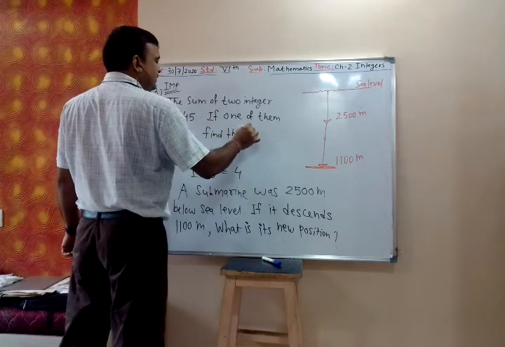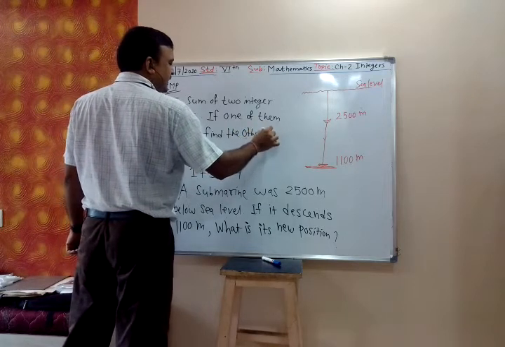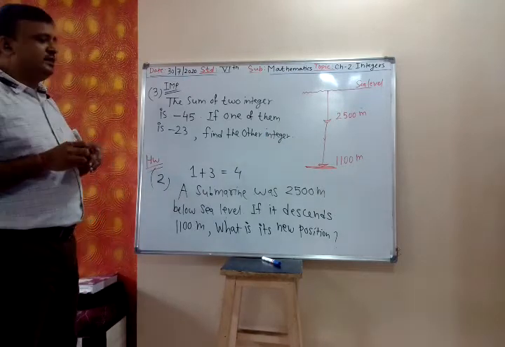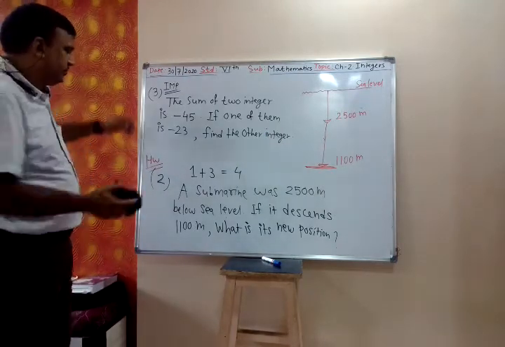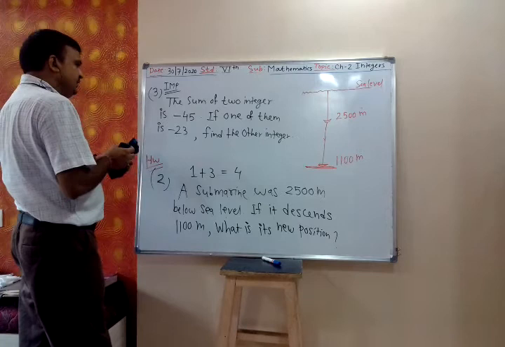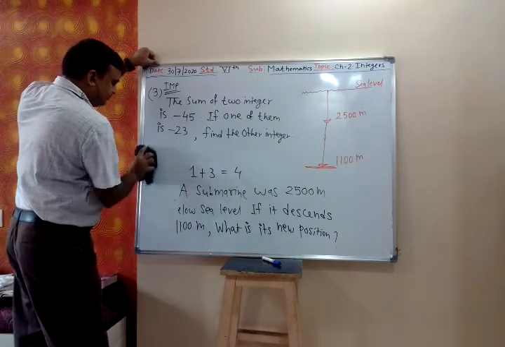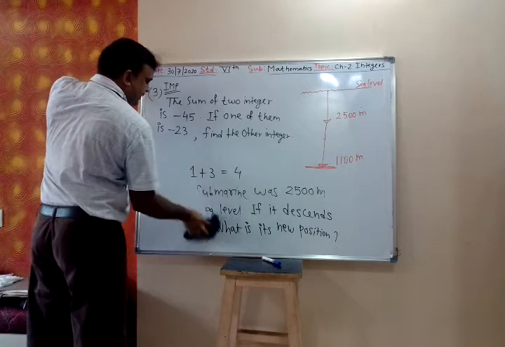The question is clear, right? The sum of two integers is minus 45. These problems are important.